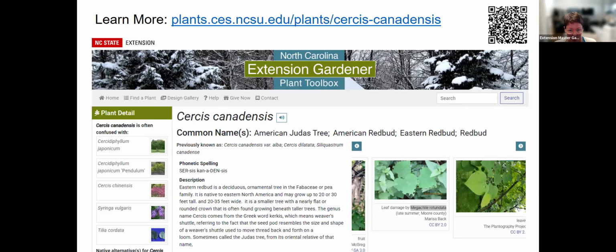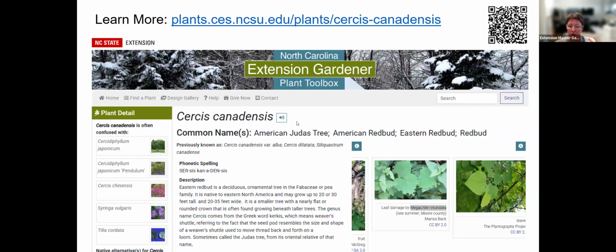And if you want to learn more about Redbud, I will also mention that the names of the plants that we'll be talking about during this feature will always link to the Plant Toolbox. So you can find and learn all about Cercis canadensis, including how to pronounce it. One thing that you will see in the Plant Toolbox for each plant profile is that little speaker icon.